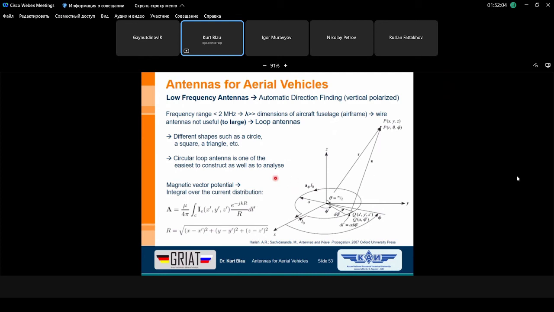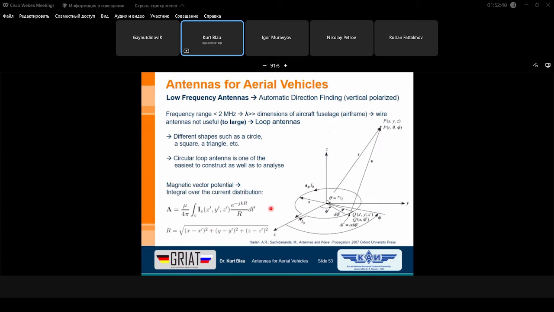The same method as in the case of our dipole. Let's say that the starting point there was the electric vector potential, and here in this case we use the magnetic vector potential. This is a formalism applied to electromagnetic fields, and in this case the magnetic vector potential has this form here. It's similar to the electric vector potential.